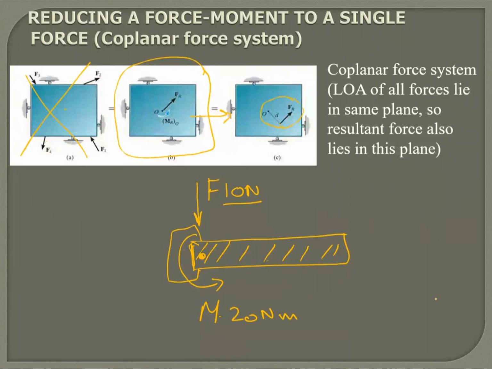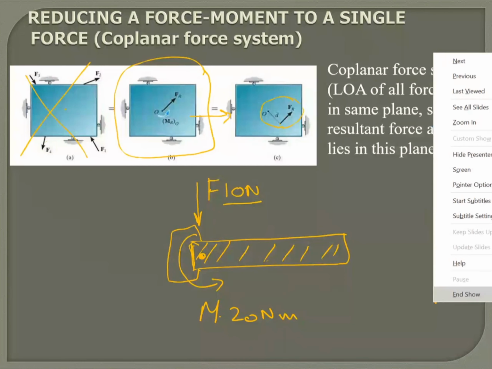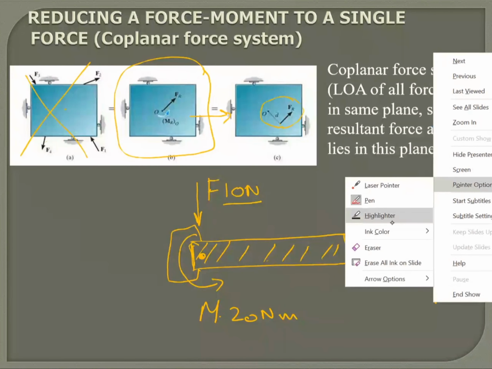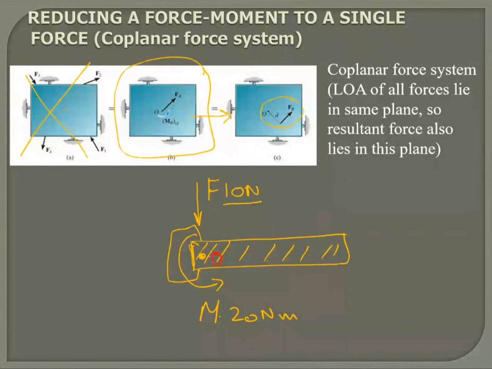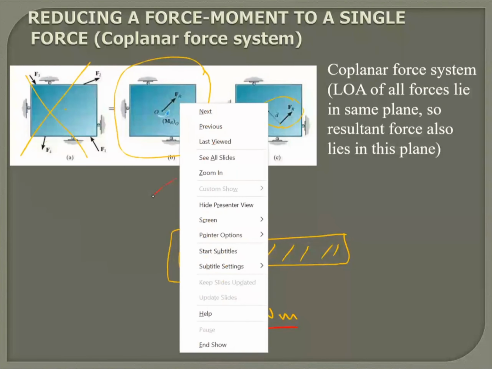This is my point O. So at point O, I am applying a force of 10 Newton and a moment of 20 Newton meter. Now let me make another drawing.